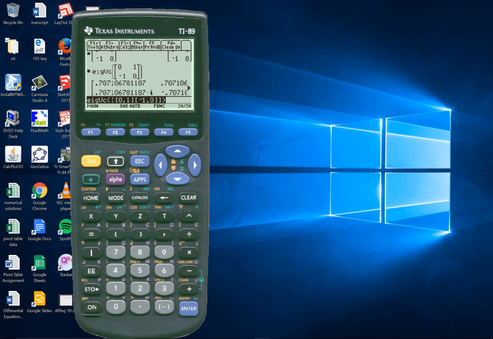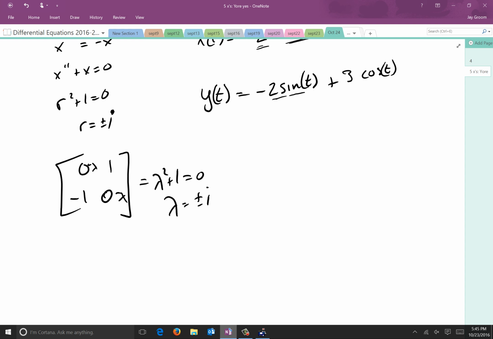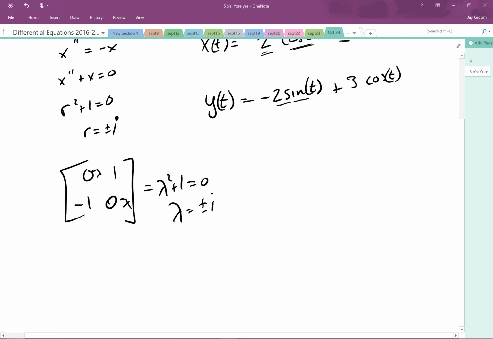And that's kind of what I thought it would be. 1 and i on the first set, and then 1 and negative i on the second set. Because these are the same value, 0.707 and 0.707, that's just 1 and 1. That's what I'm going to use then.